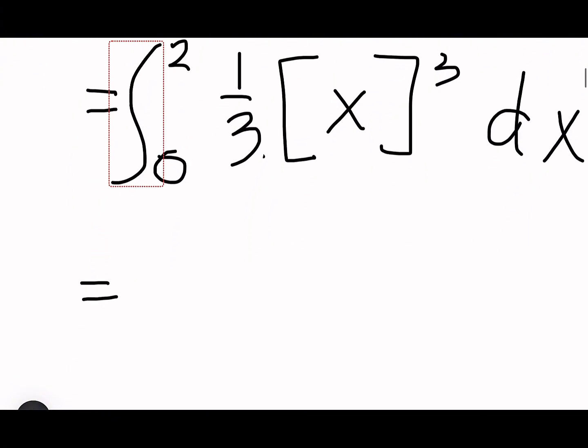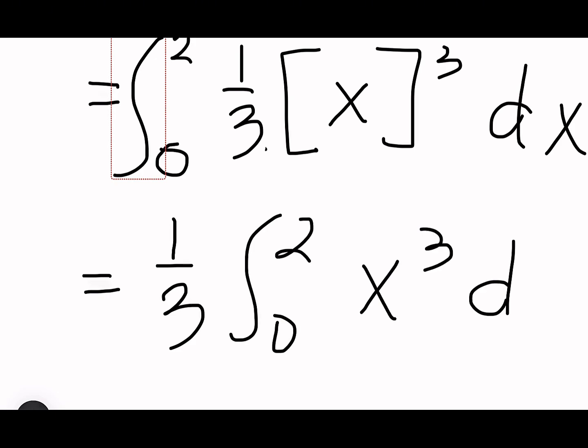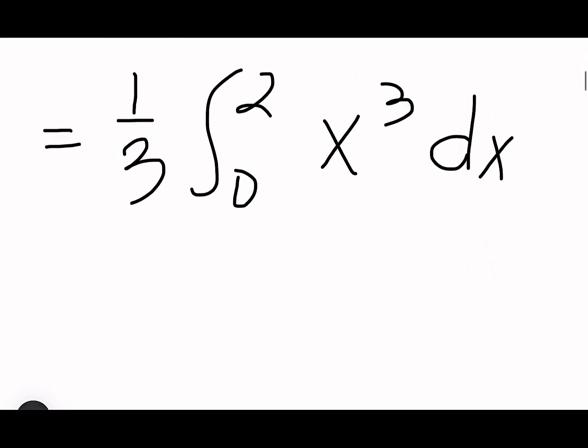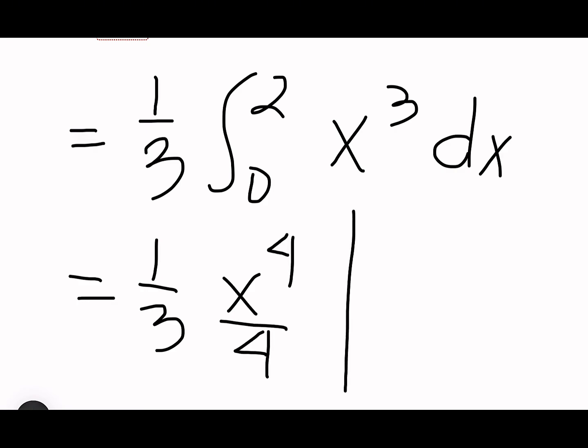So now we can simply put the constant in front of the integral, x cubed dx. Then we can now use the power rule. Copy the 1/3. x to the 3 plus 1 is going to be x to the 4 over 4. Then evaluate it from 0 to 2.